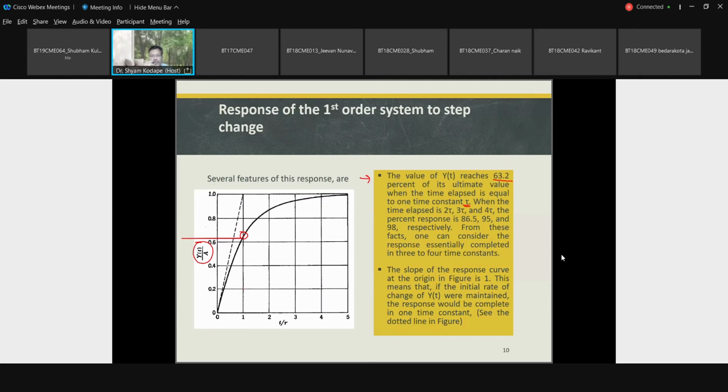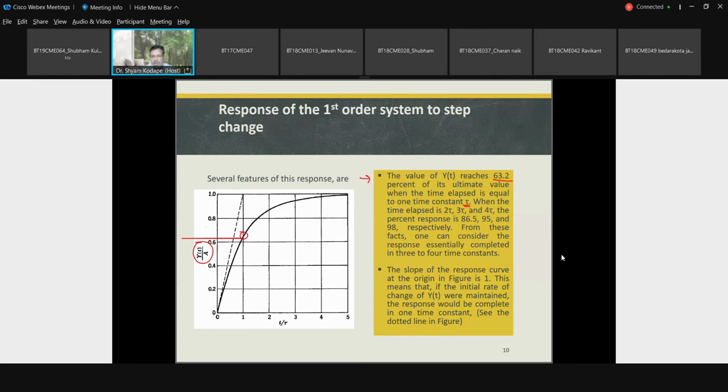So it represents that 63.2% is achieved, not 50%. Likewise, 63.2% change it will reach in the first time constant, when the time elapsed is one time constant. Is this okay? Any question?